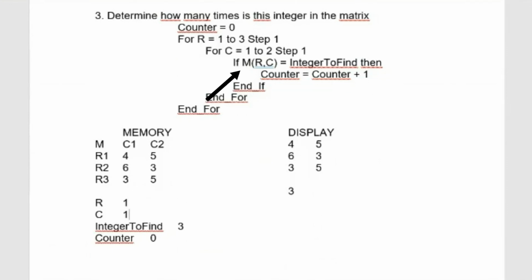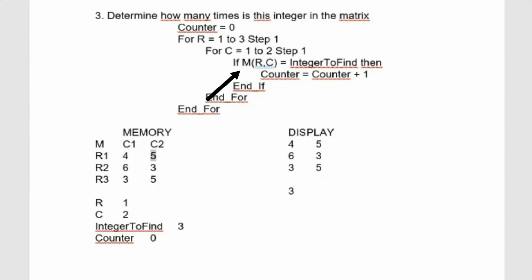Ask if matrix M, row R, column C, matrix 1, 1, this 4, is equal to integer to find, 3, that is false. So, end if, that means increase here.